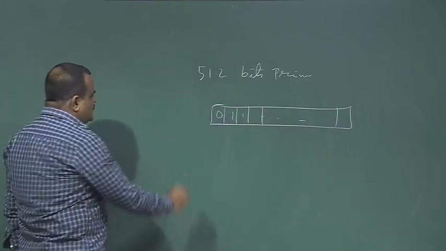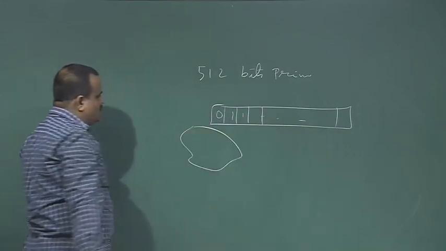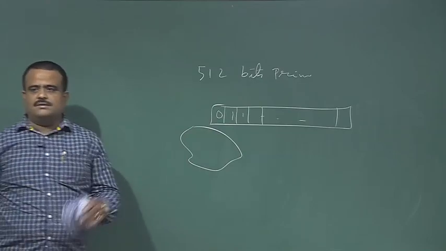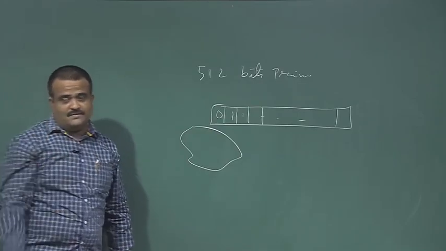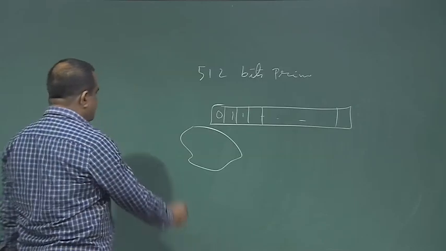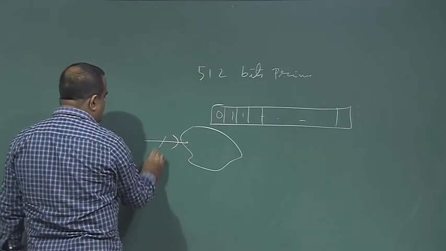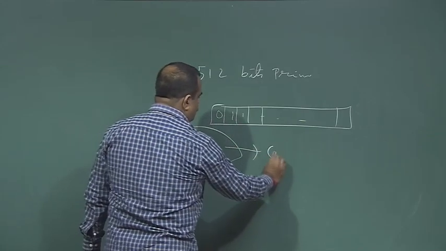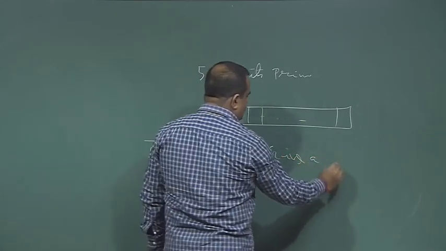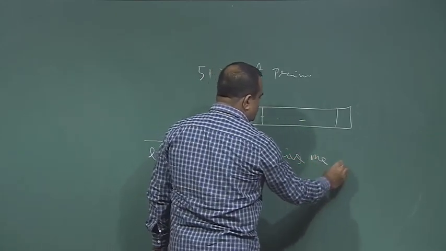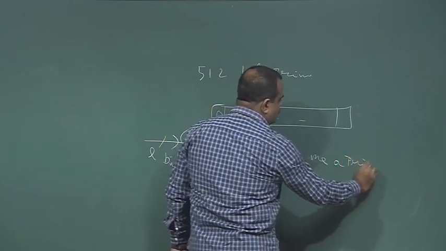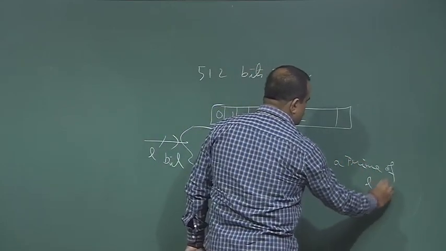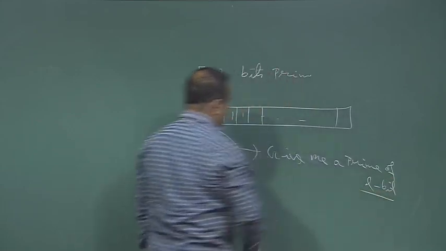Now the question is, is there any algorithm which can give us a 512-bit prime, or a prime of any bit length? We give the input L bits and ask, give me a prime of L bits.